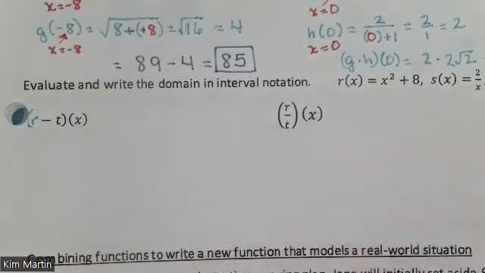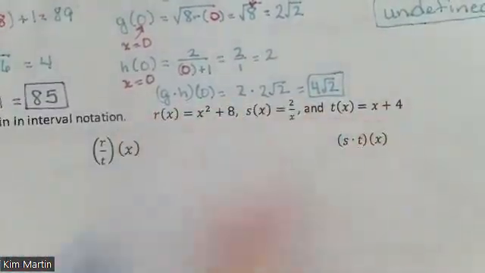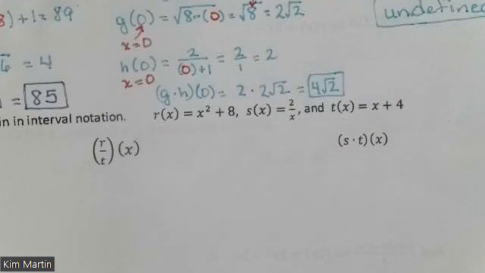Before getting started, we need to find our domain for all of these. Meaning, you remember doing restrictions? That's just telling me what X can't be. But domain says what X can be.